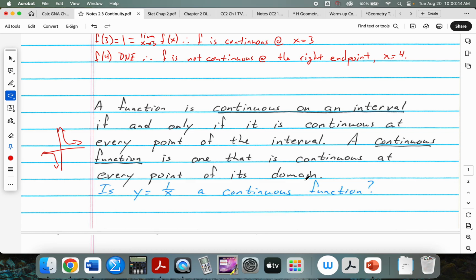Again, College Board rather wisely doesn't ask a lot of questions about things like that. So the answer to this is yes. It is continuous at every point in its domain.